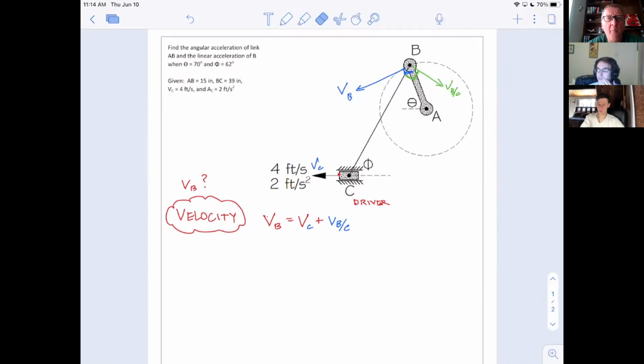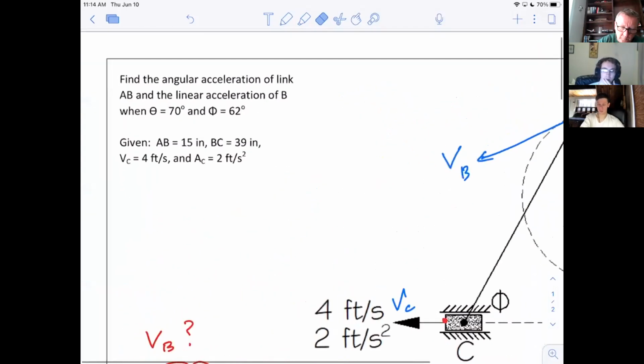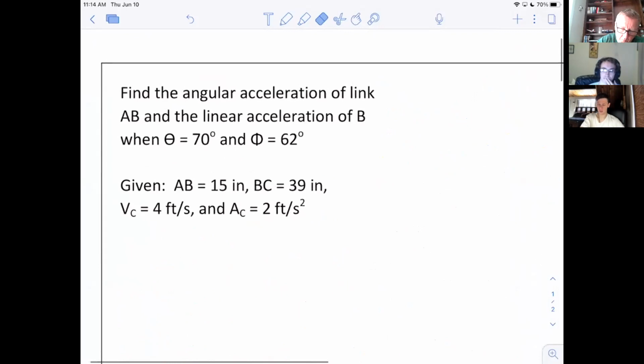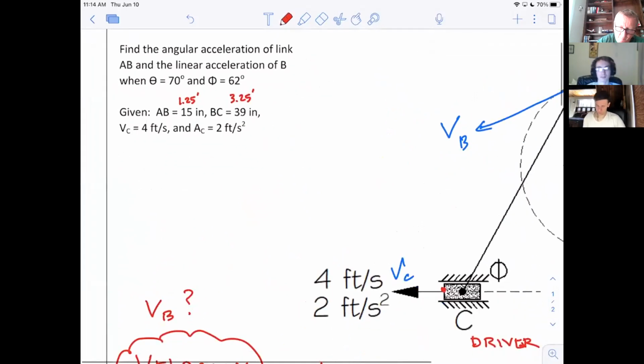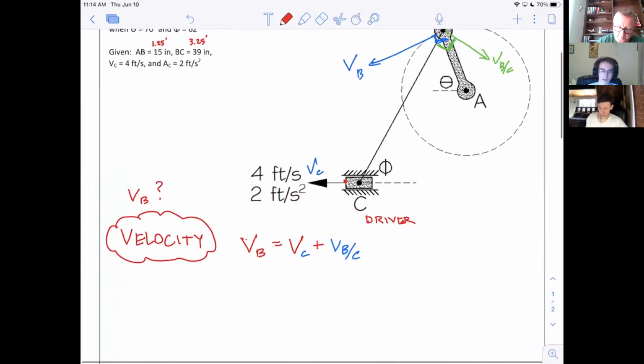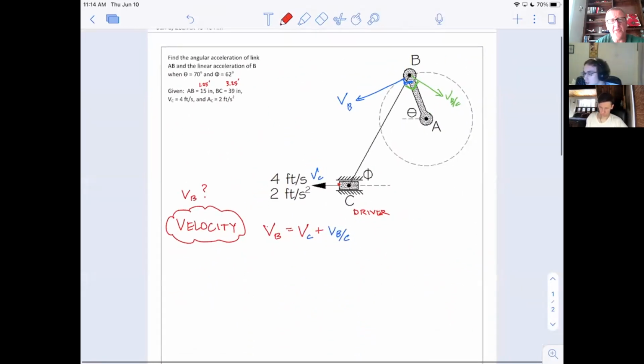So AB is 1.25 feet and BC is 3.25 feet. Okay. Yeah, let's go ahead and go with that. And that's the last thing I want to do with these questions, is throw in something like that and have you miss it. So on the test, I'm not going to mess with the units at all.